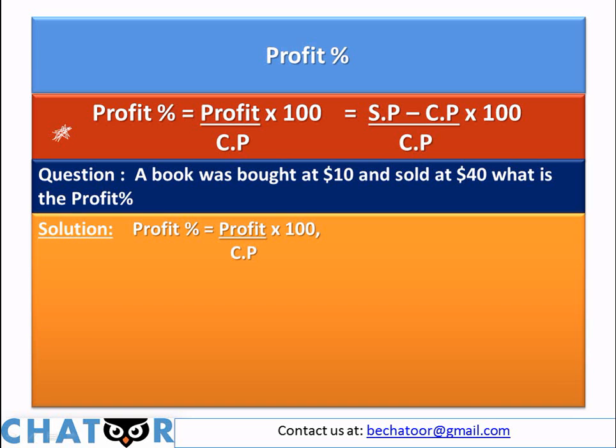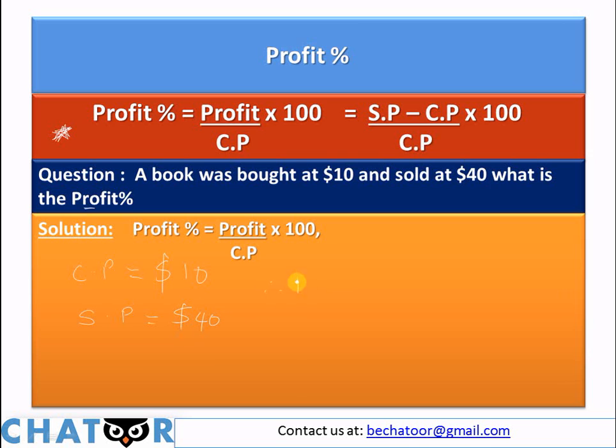So the first thing that should come to your mind, since they have already told you about profit percent here, is the formula for profit percent, which is SP minus CP upon CP into 100. Now here the CP is equal to $10 and the SP is equal to $40.